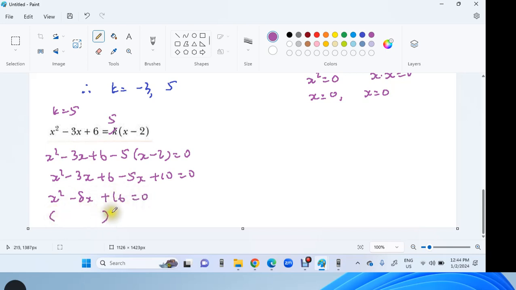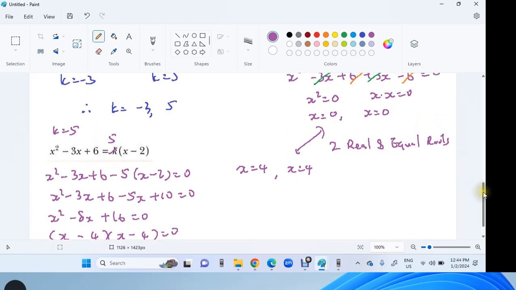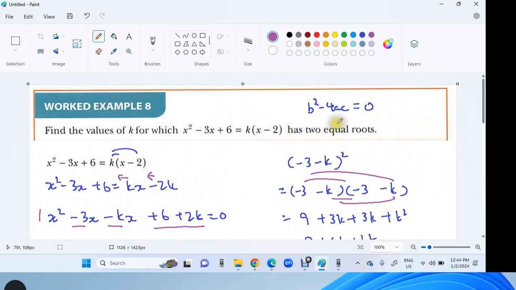So I open the bracket: x minus 4, x minus 4, so we have x equal to 4 two times. Okay, so for these two cases, there are two real and equal roots.